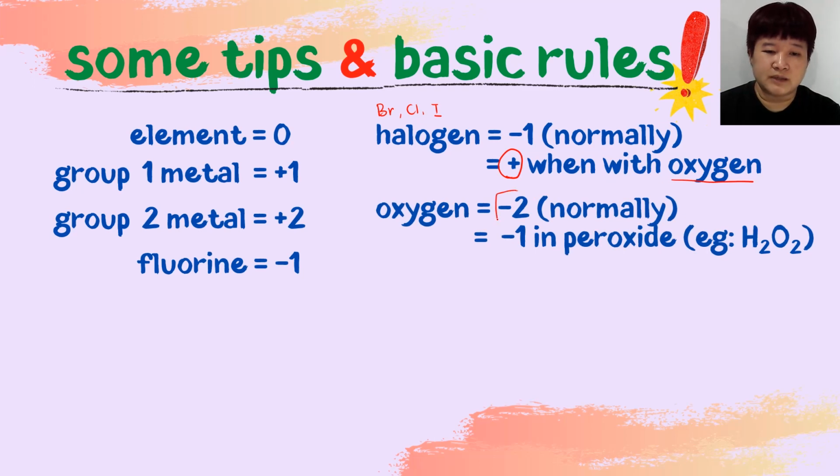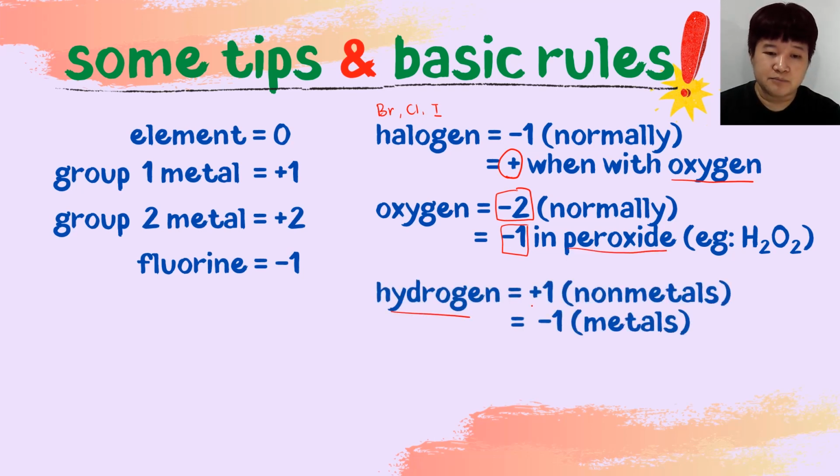Oxygen will normally be -2, but it will be -1 in peroxides. Hydrogen can be +1 and can be -1, depending on the partner. If the hydrogen is with a non-metal, then the hydrogen will be +1.